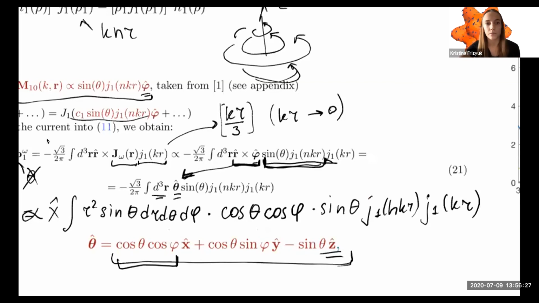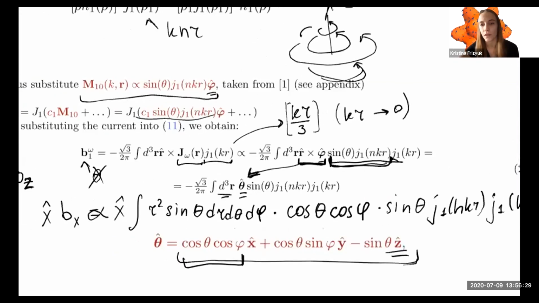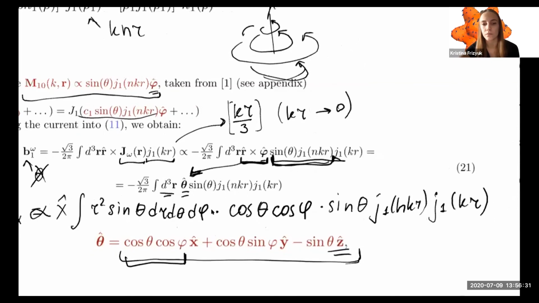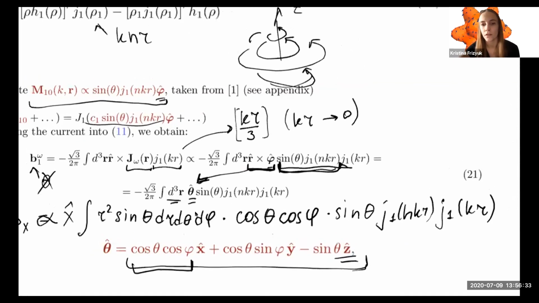Okay, and then we can note that this integral turns to 0. We can put it into Matlab or check it by hand, because this is just an integral over the angle theta, which makes the integral 0.